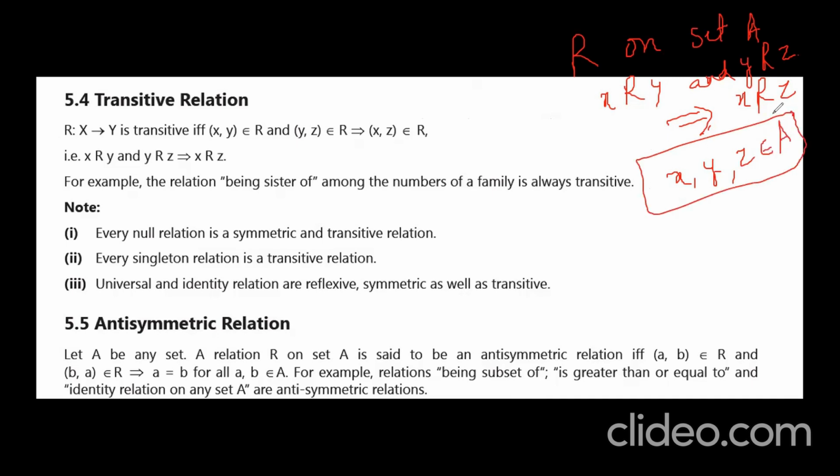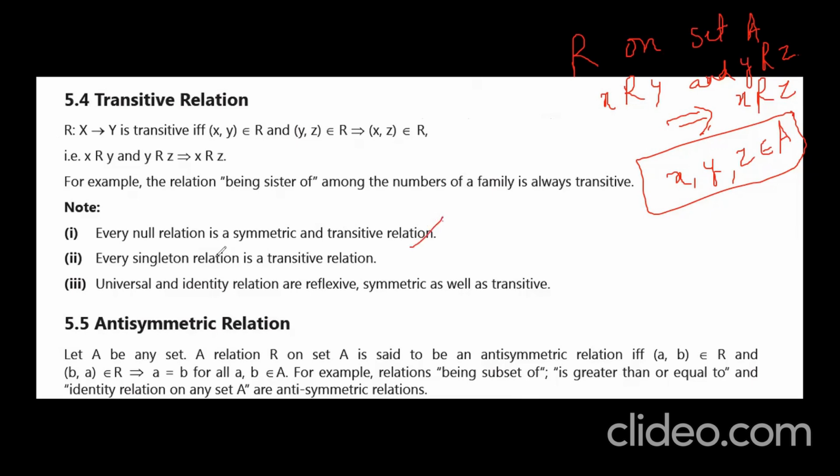You understand? A relation R on set A: x related to y and y related to z, then x related to z happens, for all values of x, y, z belonging to A. Then you can say that relation is a transitive relation.